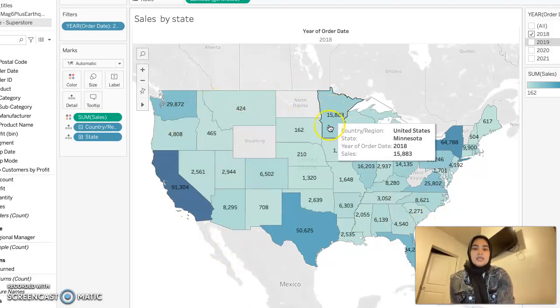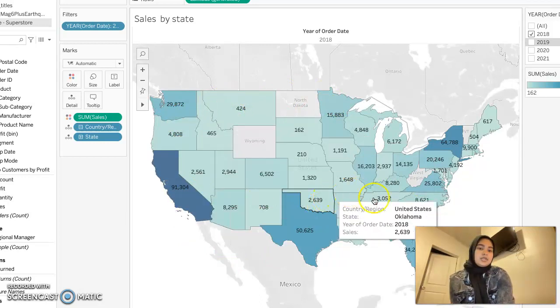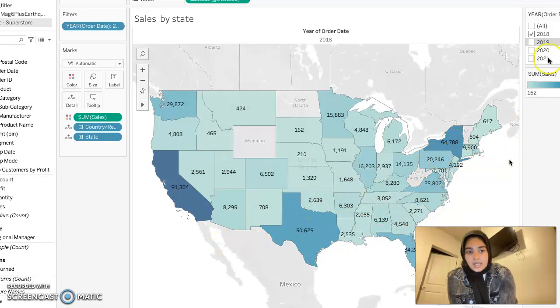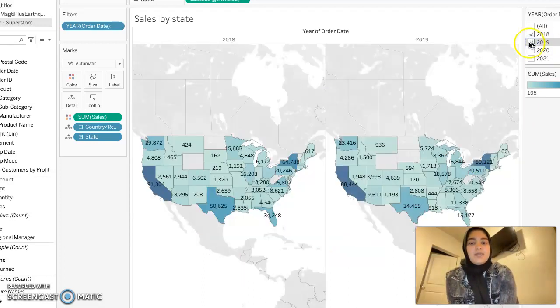This shows the numbers. We can look at the different states, or if we wanted to compare them side by side, 2018, 2019, we can also do that.